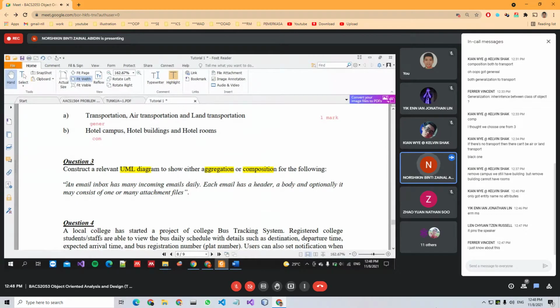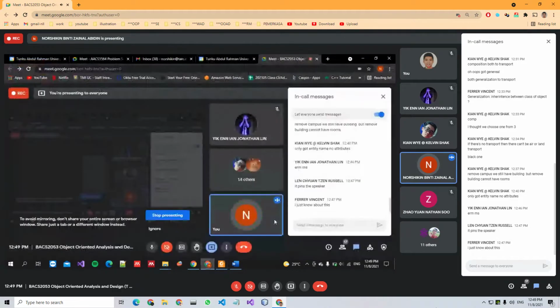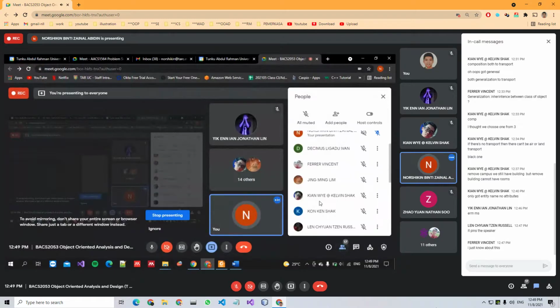This is the given situation. An email inbox has many incoming emails. Each email has a header, body, and optionally may consist of attachment files. Can anyone who has done this question share?